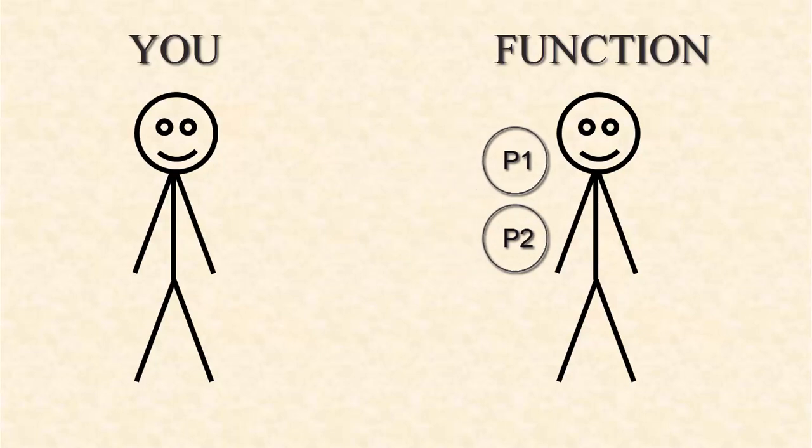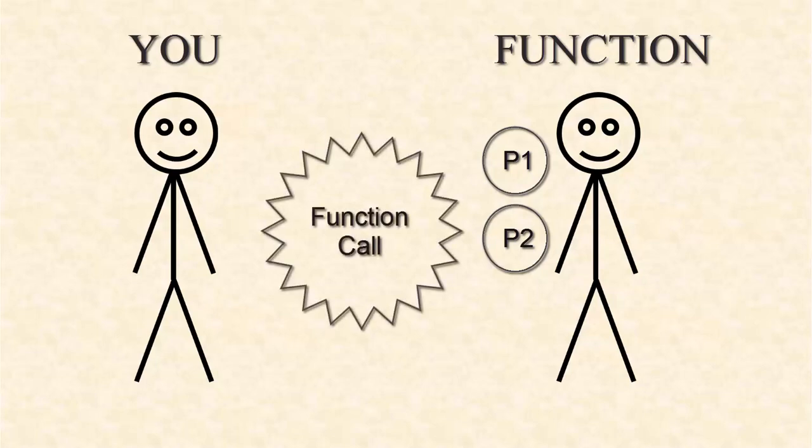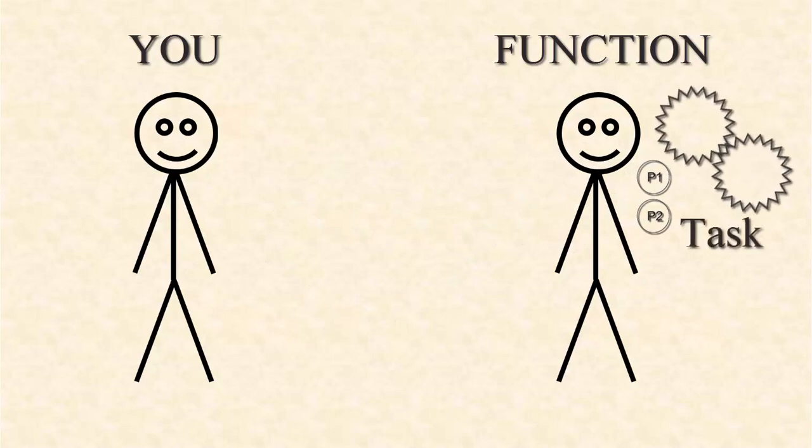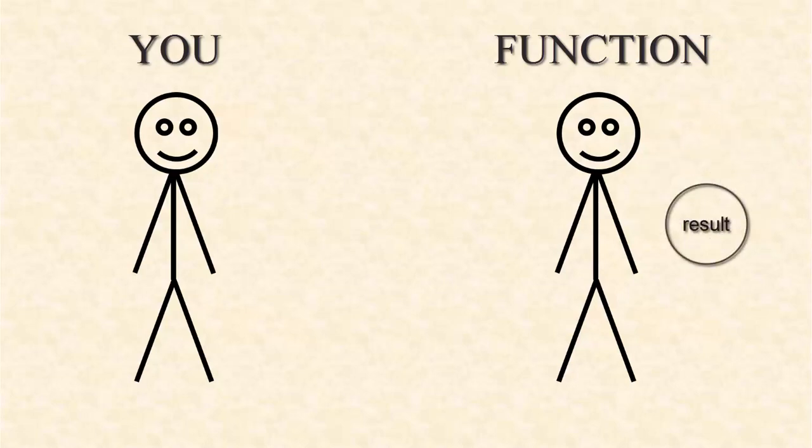This process, that is passing the parameters to a function and asking it to do something, is called calling the function, or simply function calls. Now the function takes these parameters you have given and does the computation or the job it's supposed to do. After the job is done, the function can do 2 things.